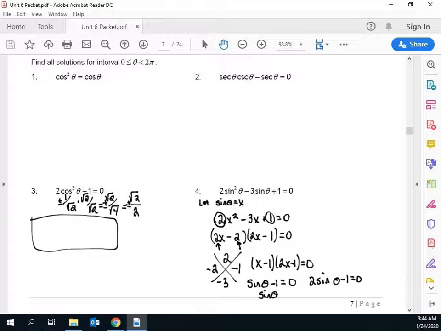So where does sine equal 1? Where does sine equal 1/2? Where does sine equal 1? Where does y equal 1? Good.